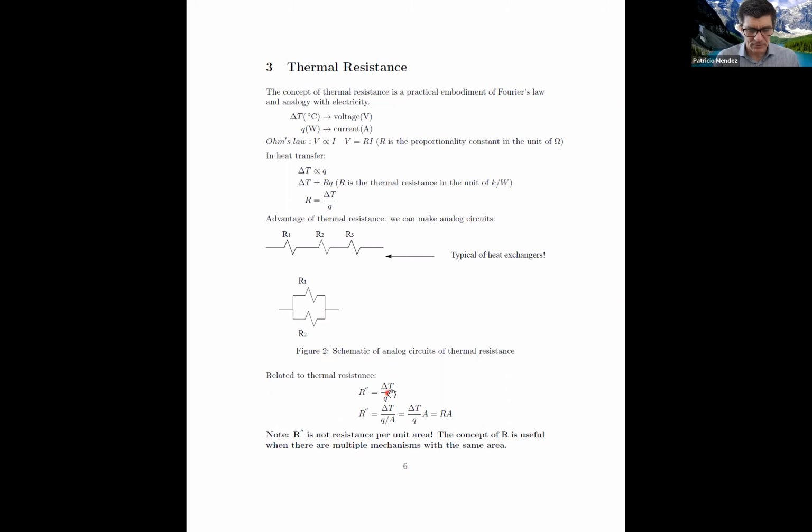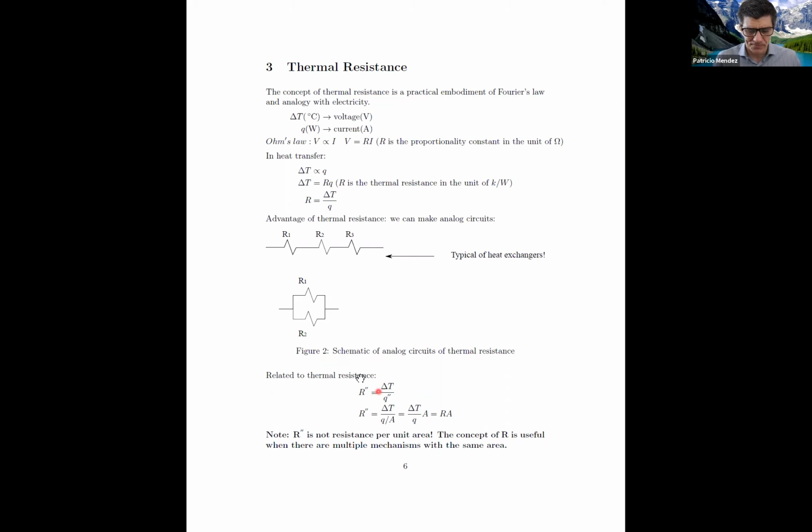I want to mention a concept associated with thermal resistance, and it's a concept that has a horrible notation. Acknowledging that it's horrible, I have not come up with anything better, so I'm going to use the same notation the book uses. It's the concept of resistance per unit area.